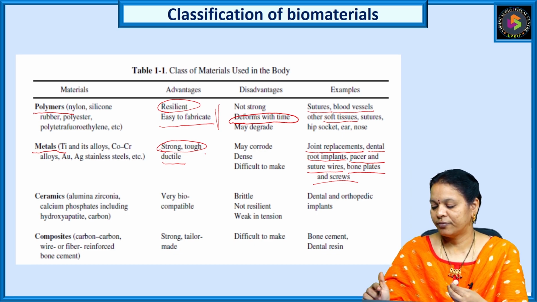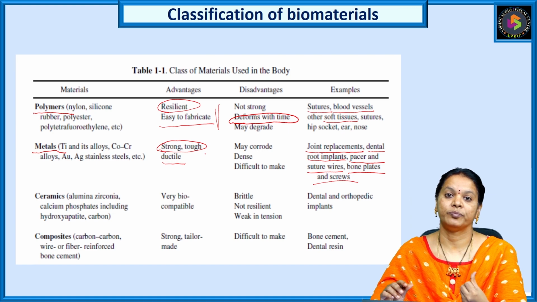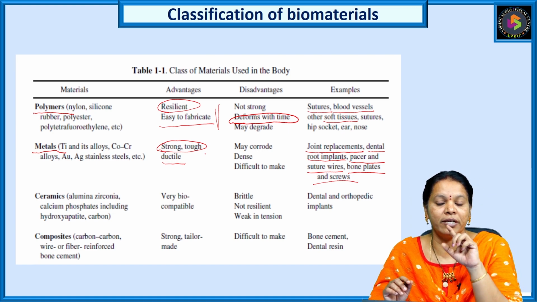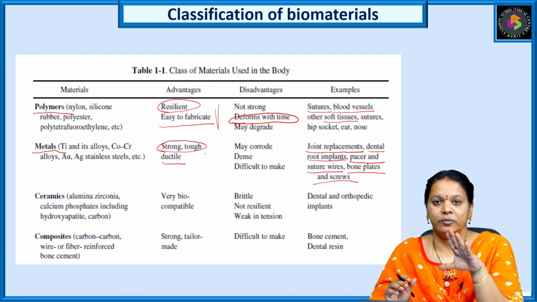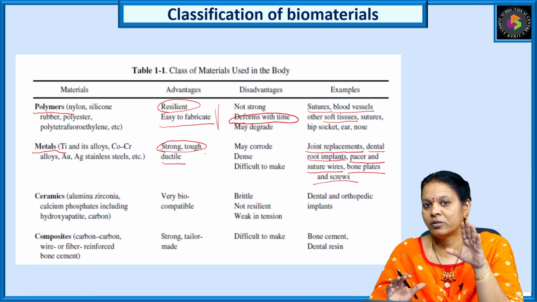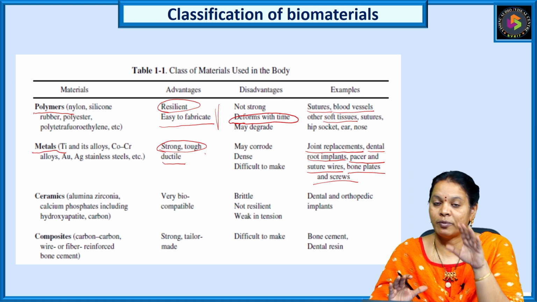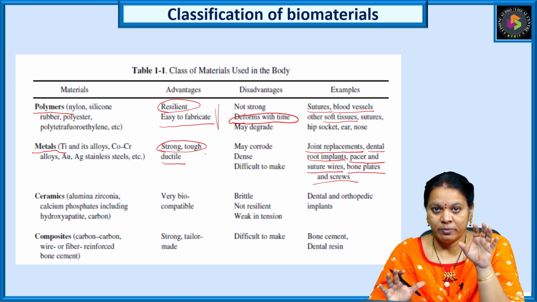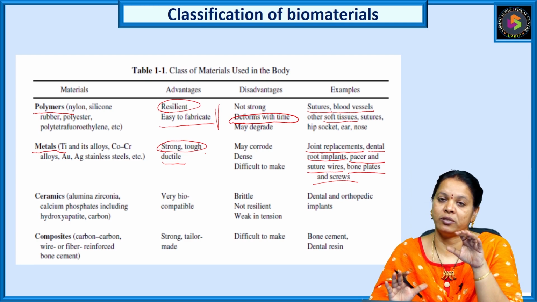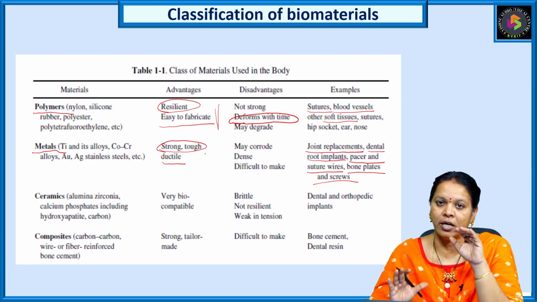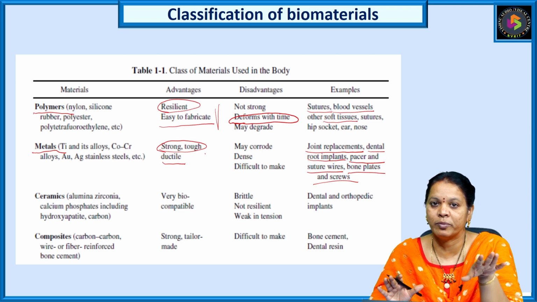For example, with bone plates and screws, if a bone is fractured, the bone heals. Even if we don't support it, it will heal. But the problem is that it will take much time, and it will cause a lot of pain to the patient, highly unbearable pain and discomfort, which the patient doesn't want to bear.